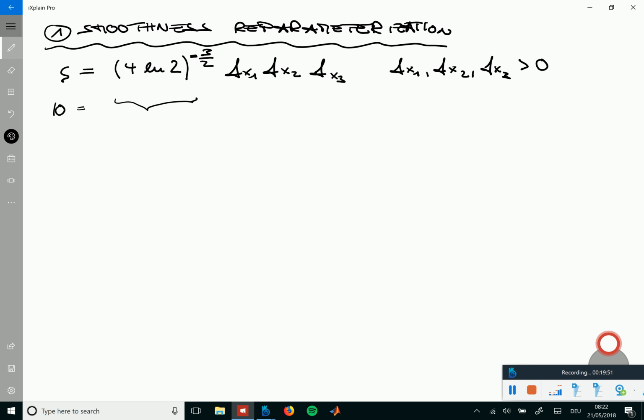Log to the power of 3/2, which is not really helpful, I guess. 4 log to the power minus 3/2, 0.216. You agree? I think so. Yeah, I just get a simplification of that. All right.